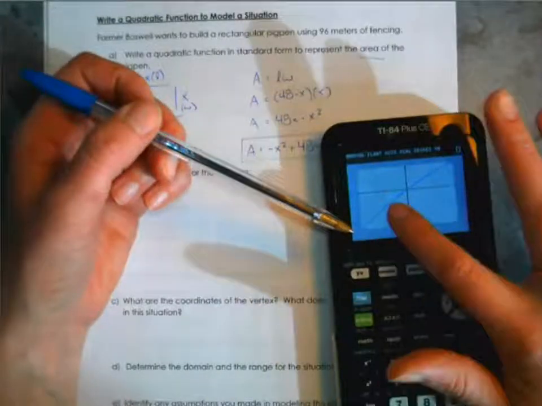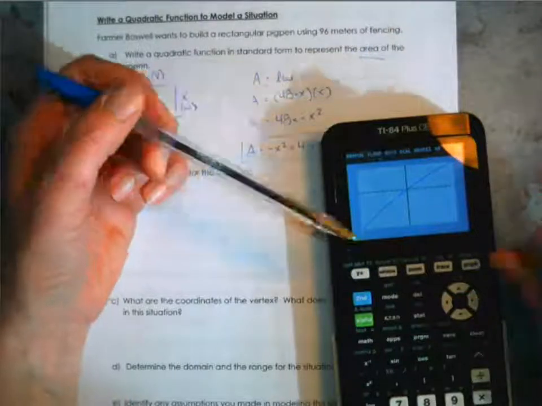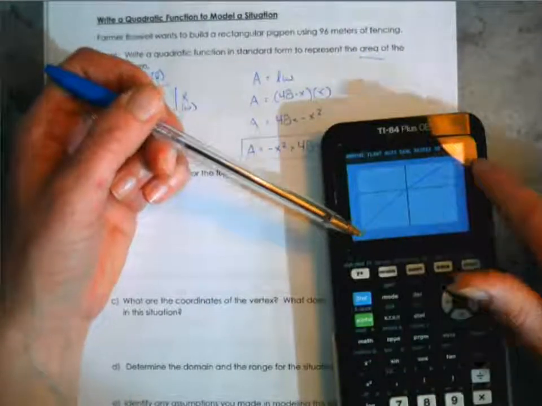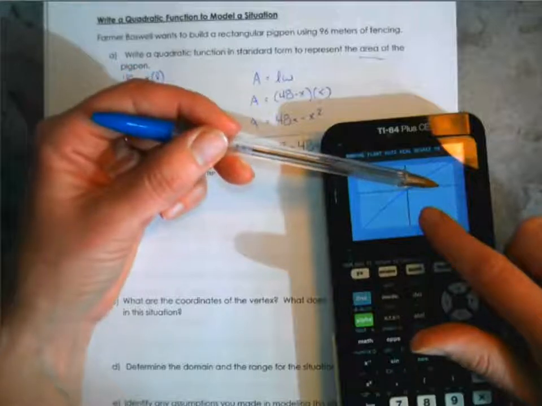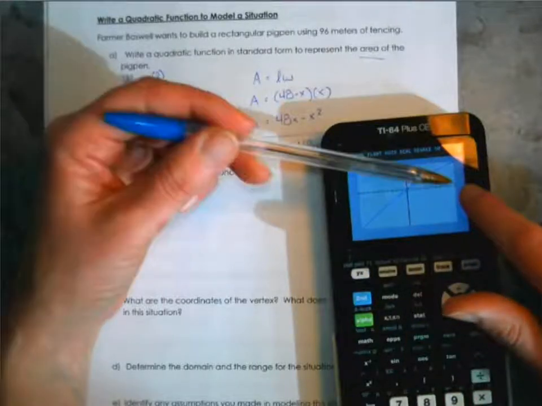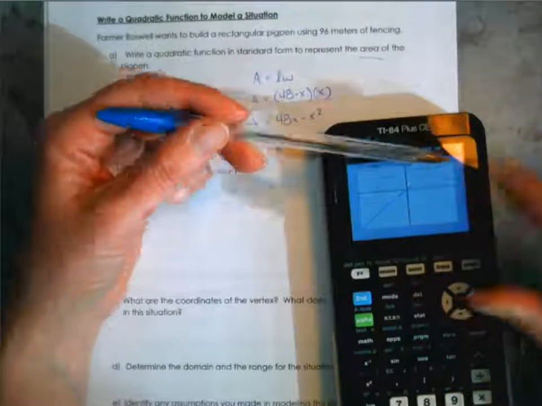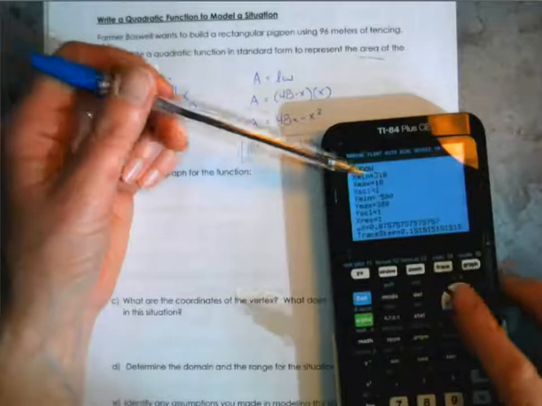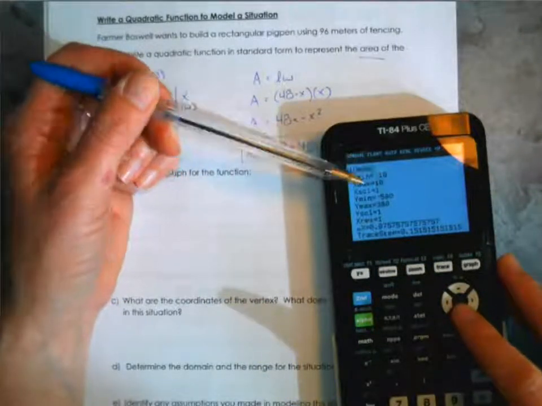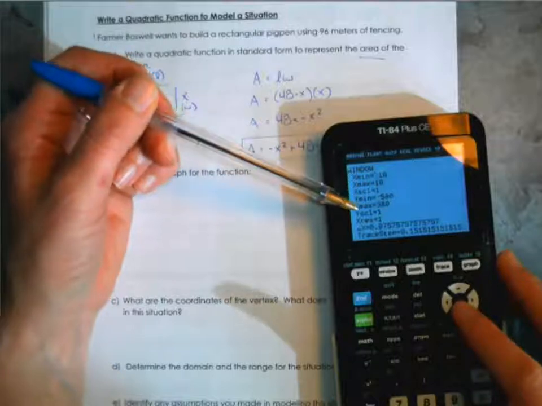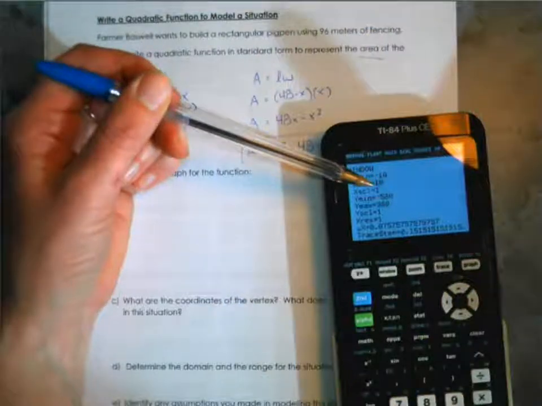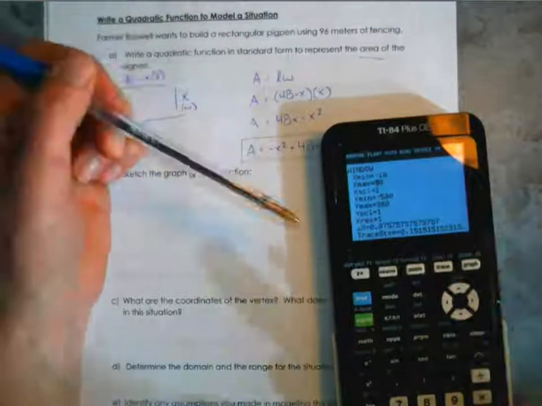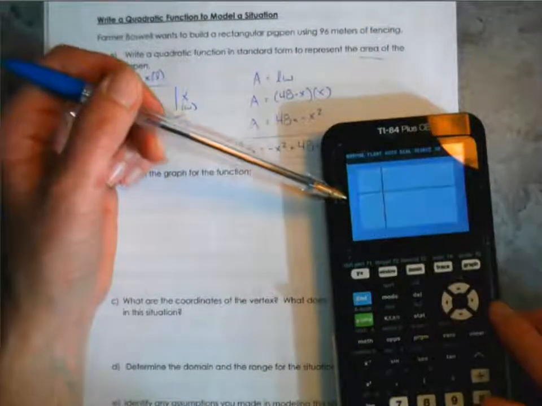Okay, so we can see that now we're seeing quite a bit more of it, but we're going to need way more. Oh, sorry, standard window, I think is what this would be. So it's going to be at like 10. Let's go into our window. Oh, no, it's actually way more. Okay, so our y scale is really big, but our x, we need to have way more going over to the right. So let's make our maximum 30 and see where that gets us.